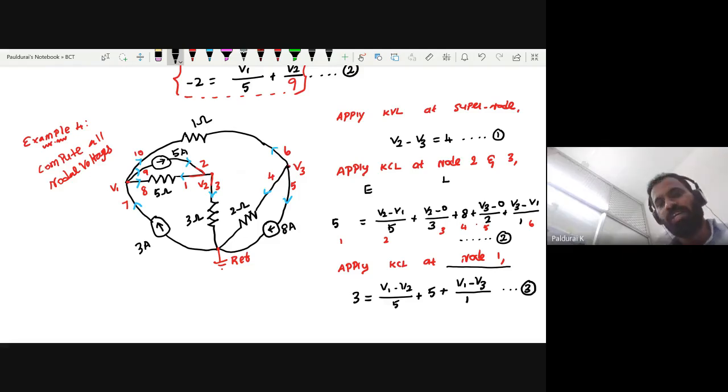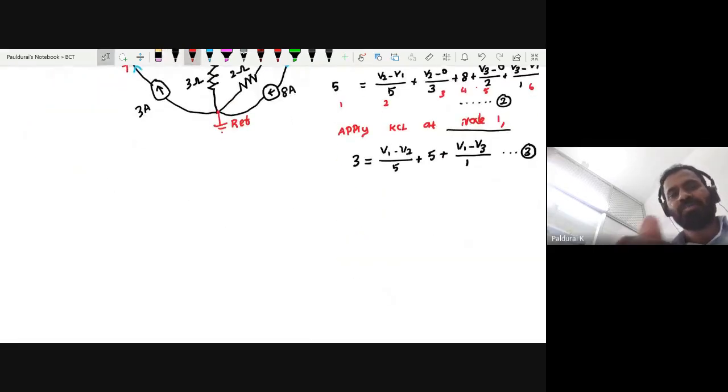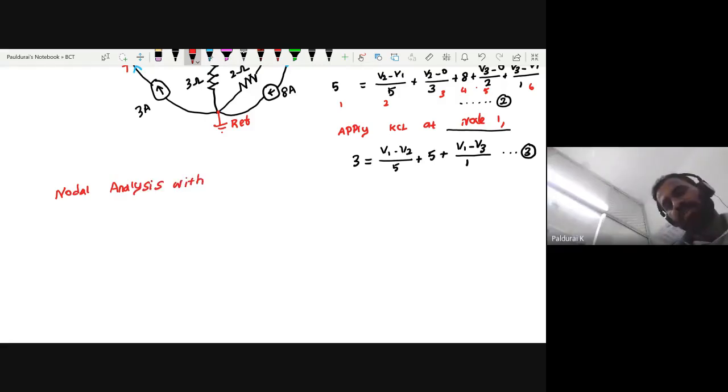But before that I want to give you only one homework problem. So next put the heading: nodal analysis with dependent sources. Please let me put the heading. Nodal analysis with dependent source.